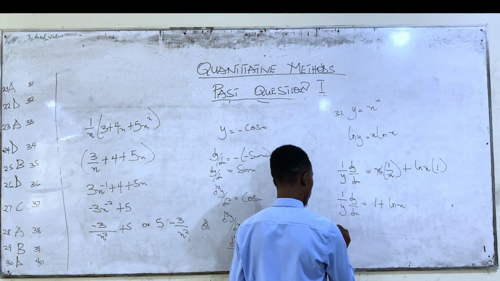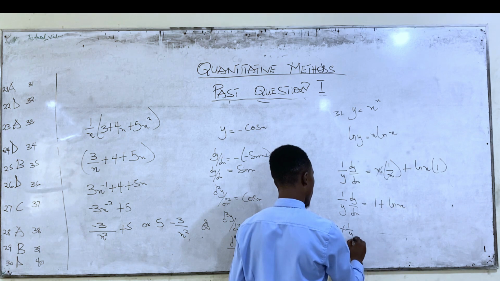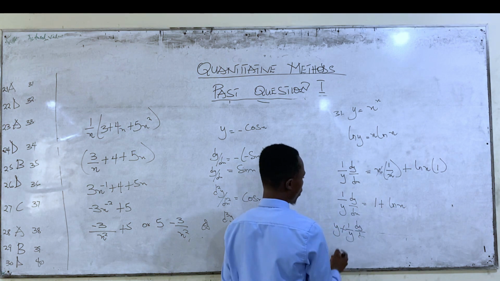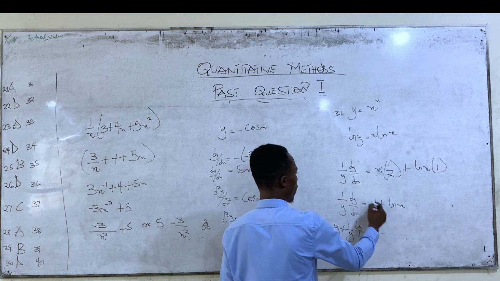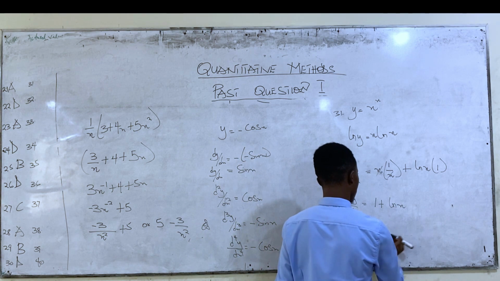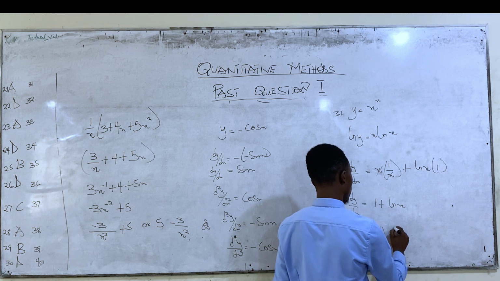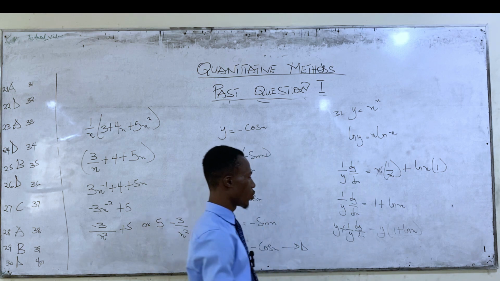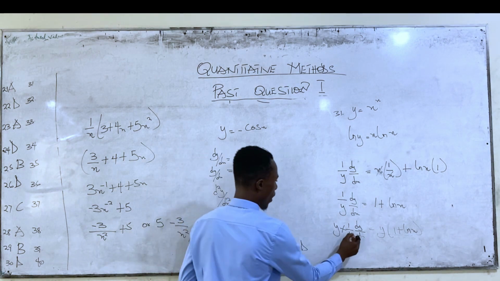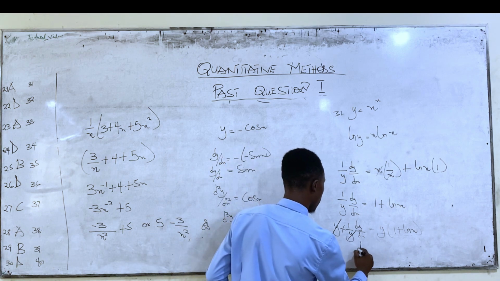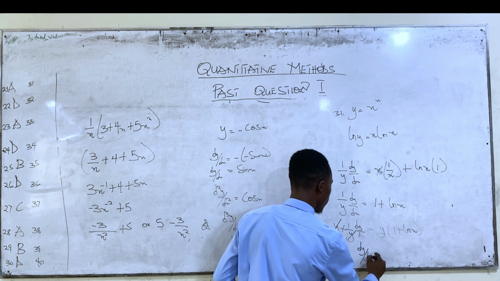So you multiply here by y, here by y. So this y will cancel out this y, and now you have dy/dx sitting here peacefully.